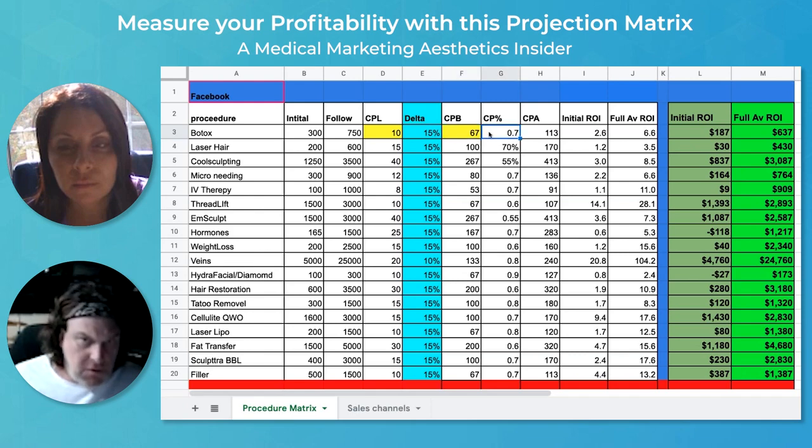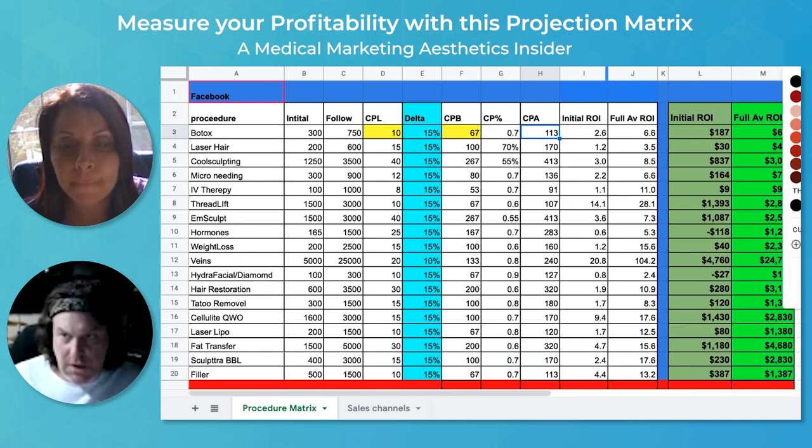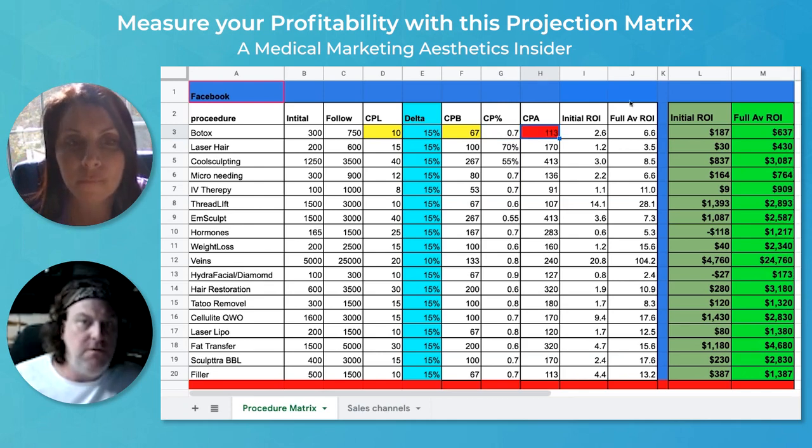Then 70% of those people who come through as booked patients will then end up as procedures or actual done cash register ringing sales. So that gives your cost per acquisition, which is the thing you need to know in this business, of $113 per acquired patient for a Botox lead.